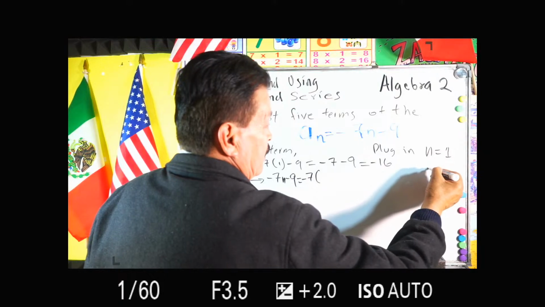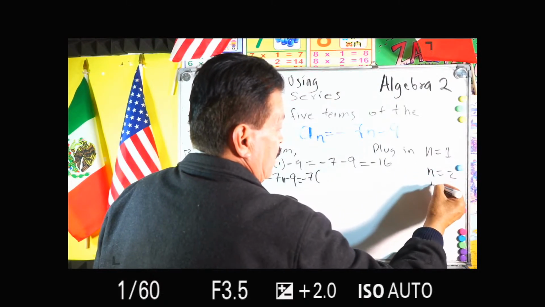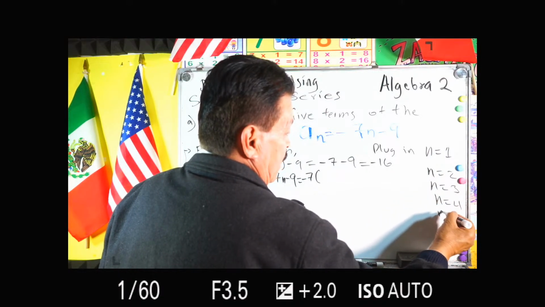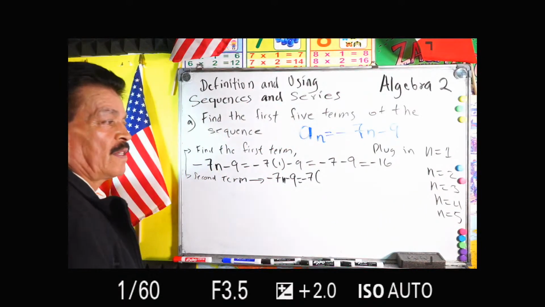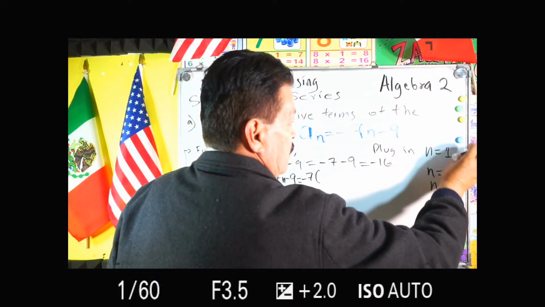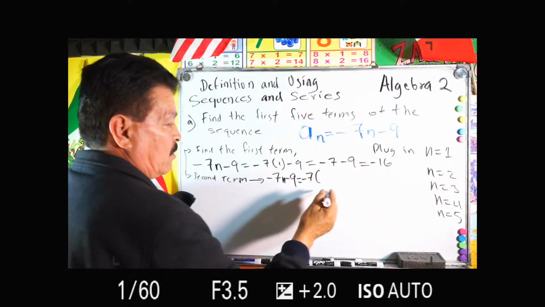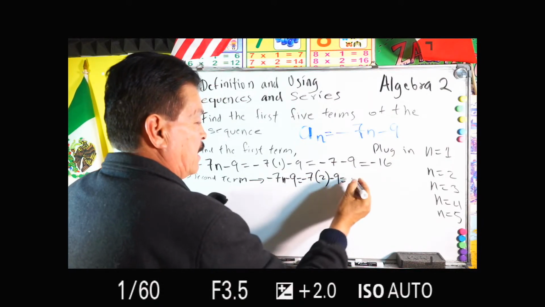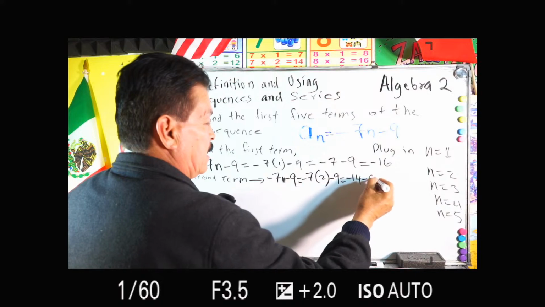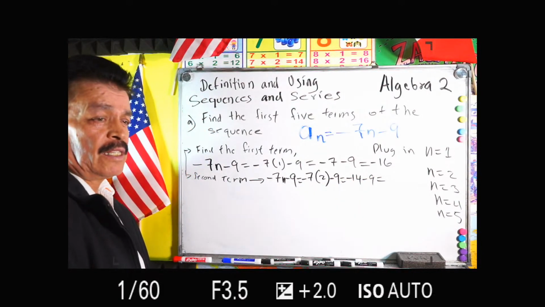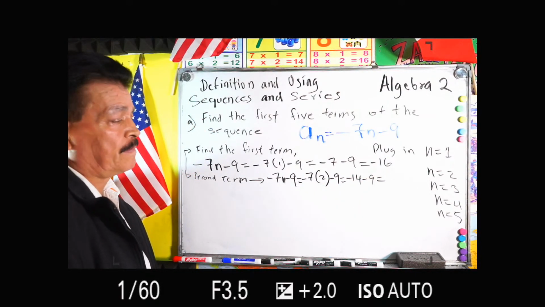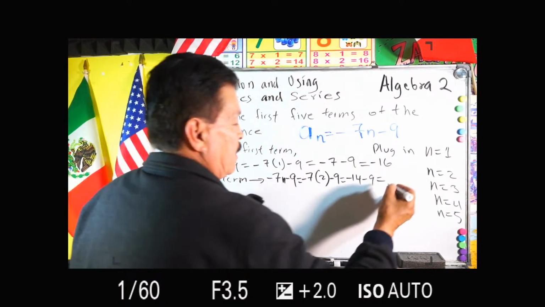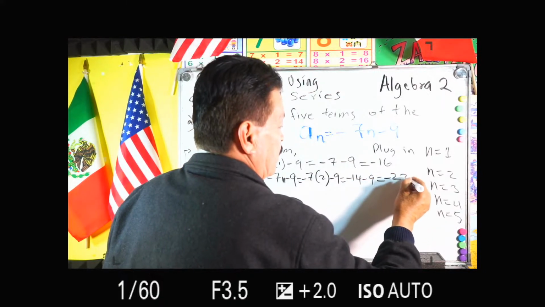So n equals 2, n equals 3, n equals 4, and n equals 5. Right? Those numbers. So the second one is negative 7 times 2, negative 14, minus 9 equals how much is it? It is negative 23, right?